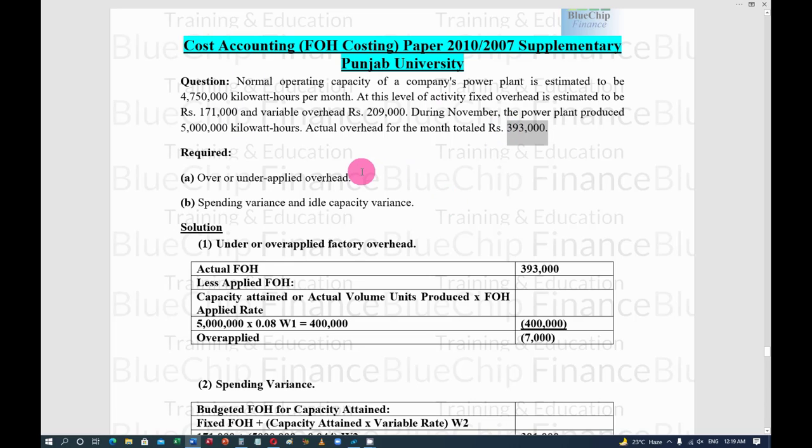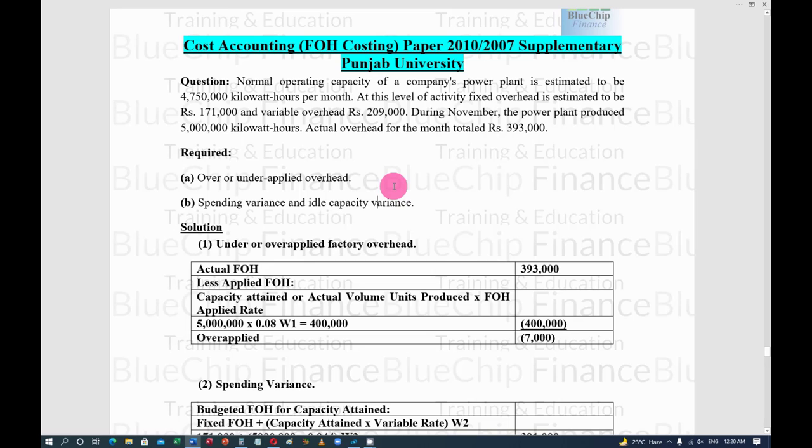Now, what are the requirements? You are asked to calculate over or under applied overhead, the second thing is spending variance, and the third thing you will have to calculate is idle capacity variance. So first of all, over or under applied overhead, you know well that it is always equal to actual FOH minus applied FOH, and applied FOH is always equal to capacity attained multiplied by FOH applied rate.